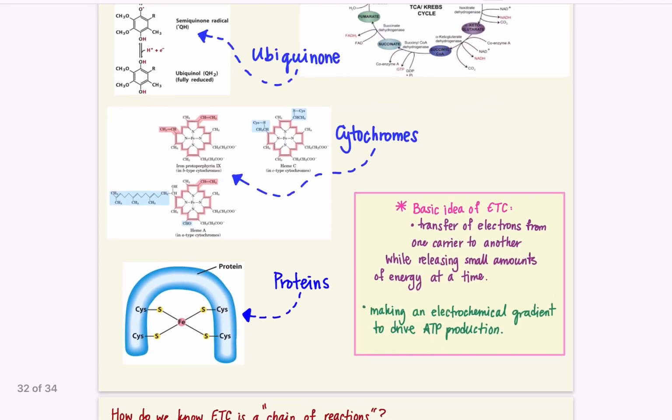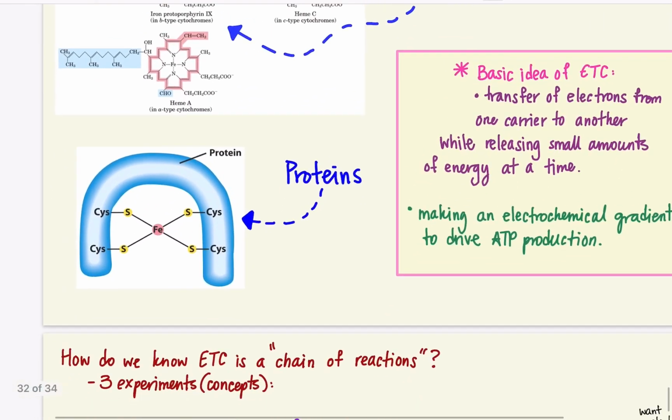Another way of electron carrying in the electron transport chain is having proteins with sulfur and iron groups. This is also a way of carrying electrons because these groups can carry electrons themselves.